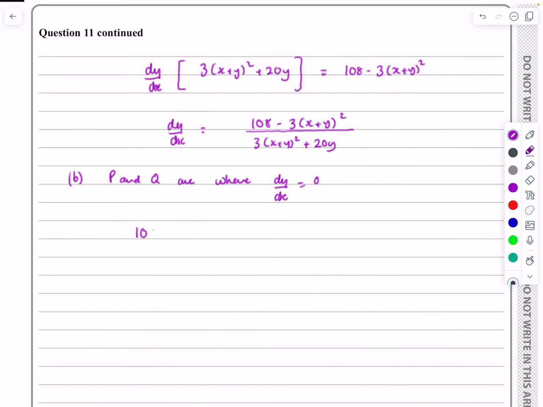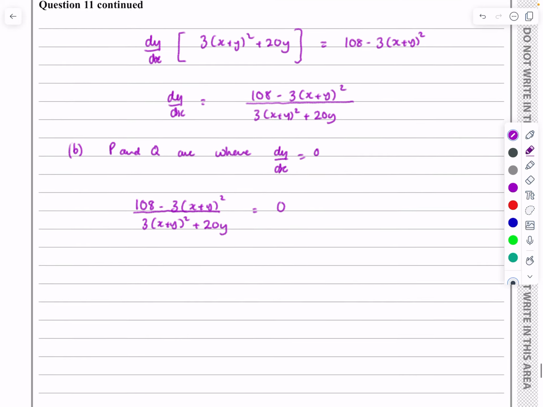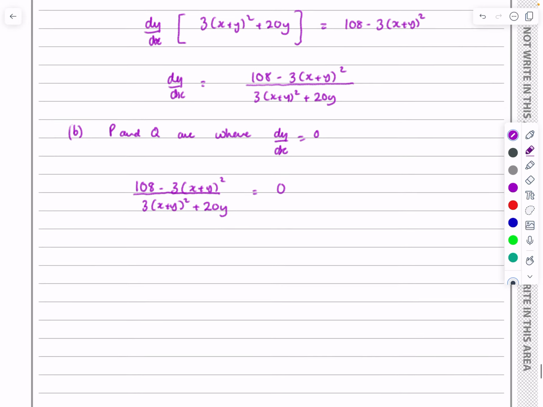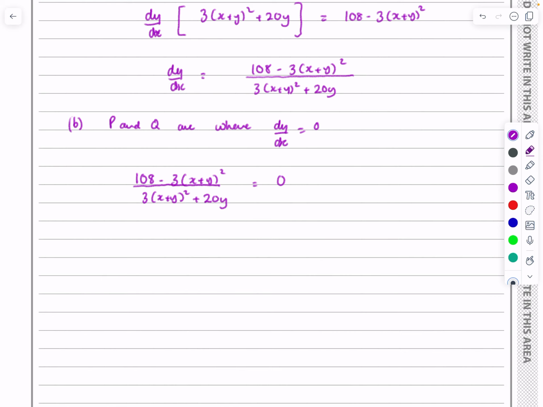So in other words, 108 minus 3x plus y all squared over 3x plus y all squared plus 20y, what I'm going to say is that that is equal to 0. Now, anybody who's done any work on implicit differentiation, we get this sort of thing quite often where it looks as though this is really complicated, and actually it isn't, because I'm only interested in the numerator here, okay?